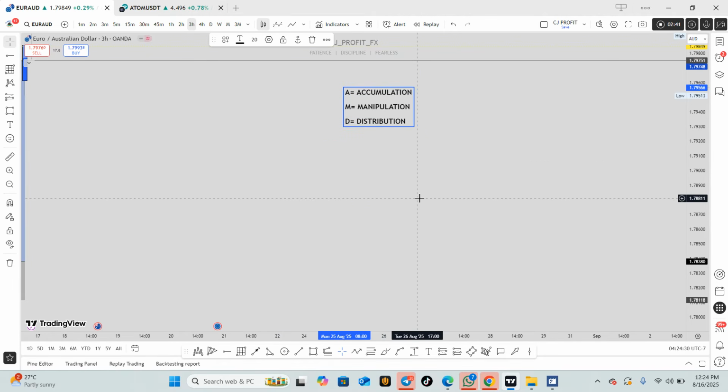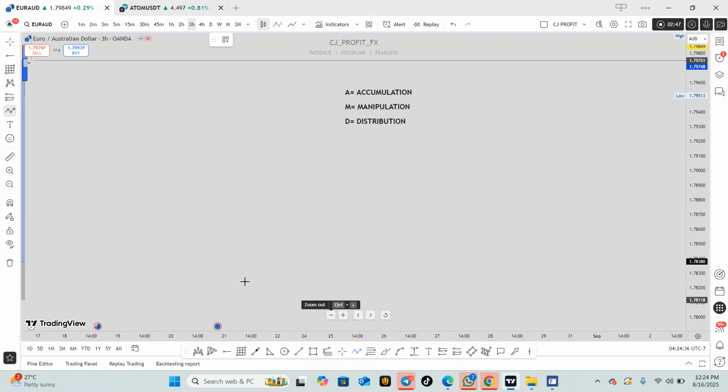Now, in this case, if you want to apply this on your chart, you must have a structure that looks like this. Let's say the market is accumulating like this. You guys know what accumulation is? When the market is in the accumulation phase, all of a sudden we might have a breakout to the upside or to the downside.